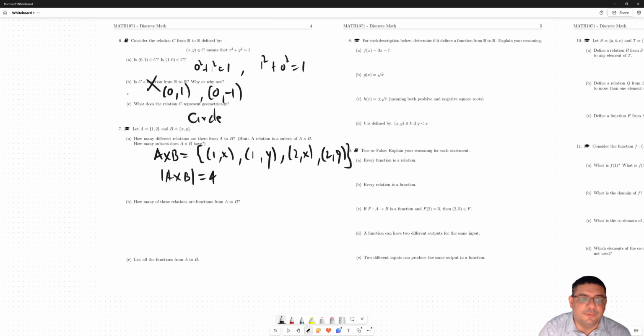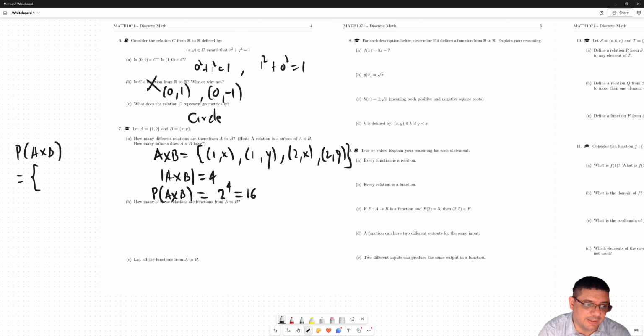So how many different subsets do we have? We're talking about the cardinality of the power set, or how many total subsets we can form with this. That's going to be 2 to the 4, which is 16. These are all the possible subsets you can get.